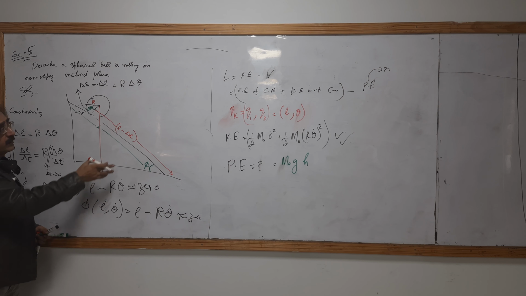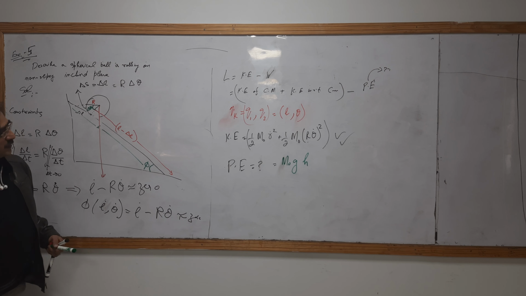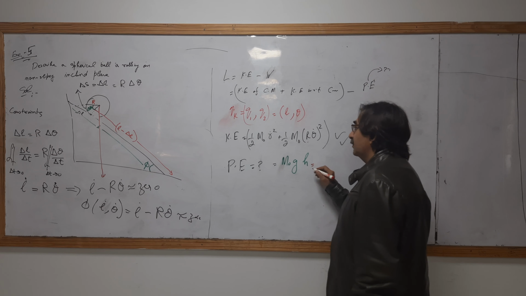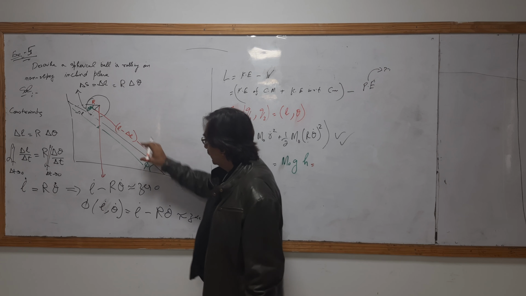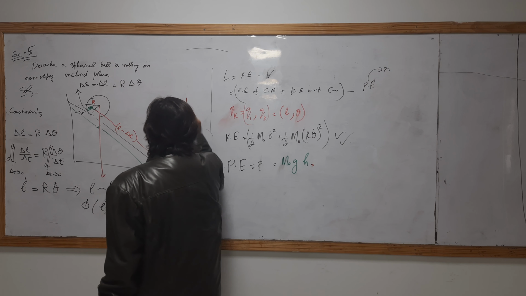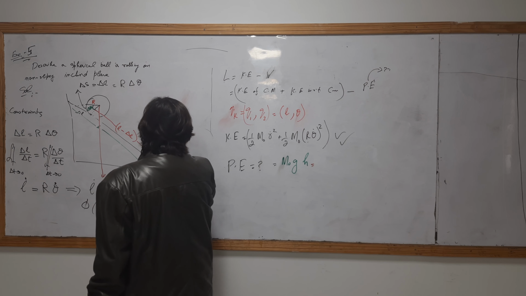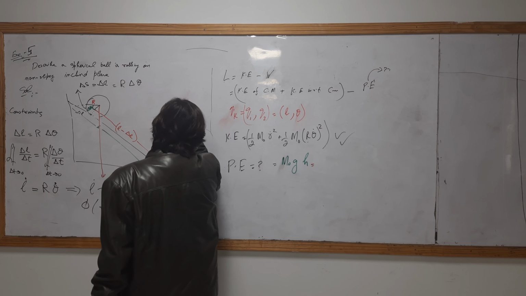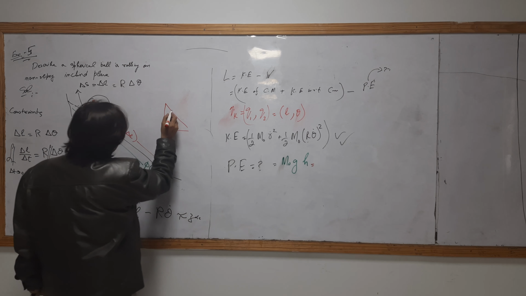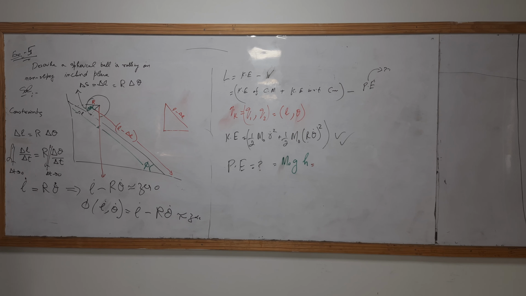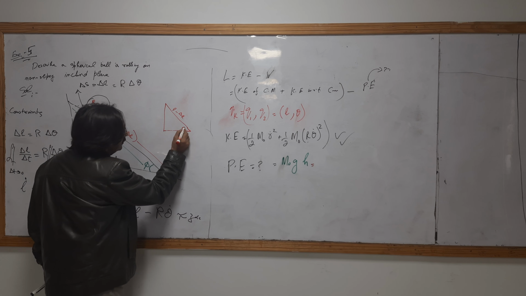From the center, h will be equal to L minus delta L, and this is phi.